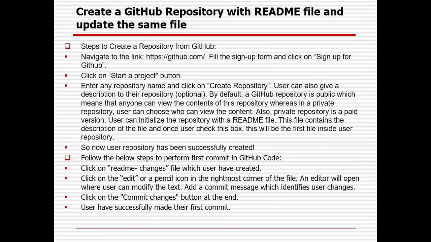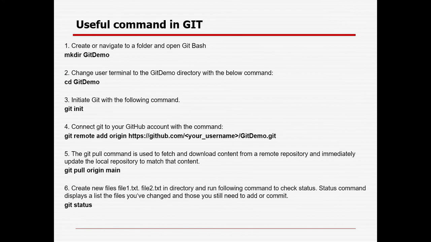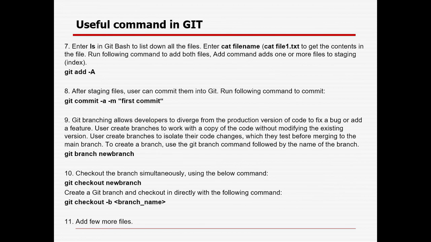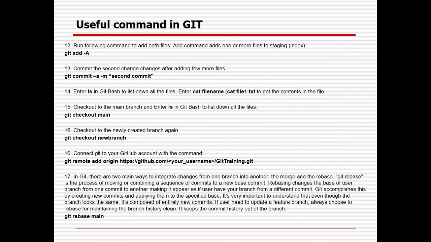So that's the way you can pull your code, or you can create a repository and update it from GitHub itself, and pull your code from GitHub into any new repository you are creating in your local repository. After that you can make multiple changes and create a branch as well. You can check out to the branch, add a few more files to the branch, and make a second commit.